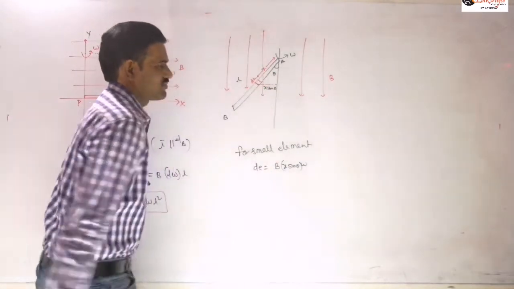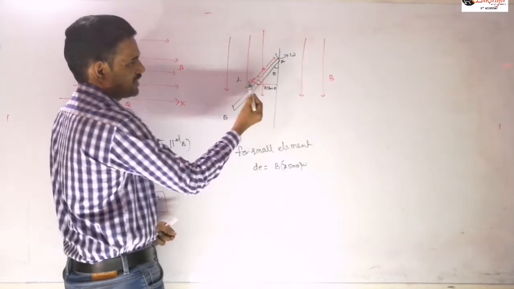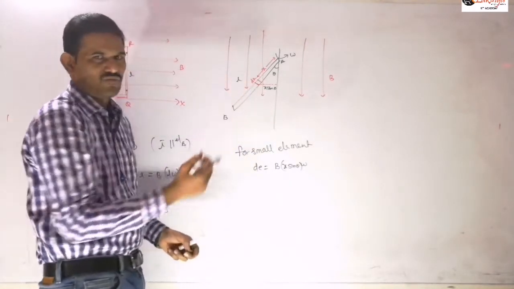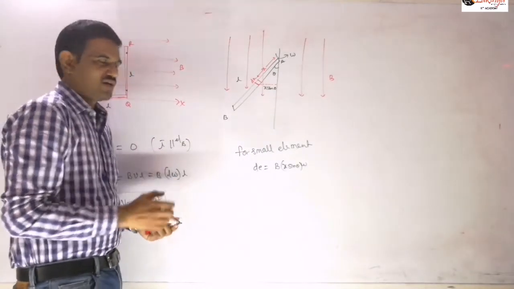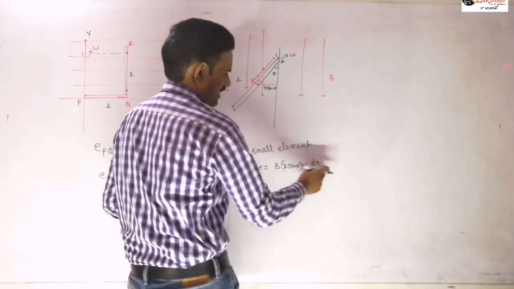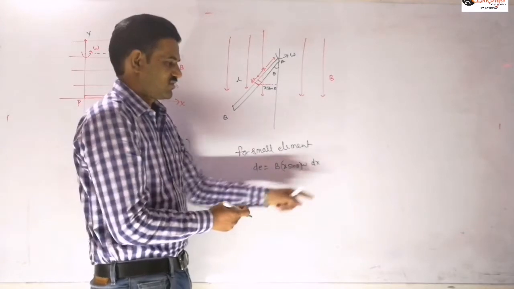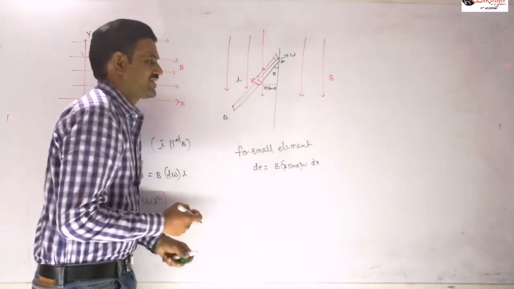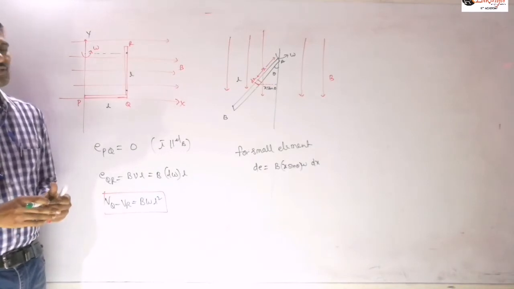This distance will be x sine theta, so from the axis of rotation, this element is at x sine theta. So using the r omega formula, r is now x sine theta, so the velocity is x sine theta into omega, into dx. So B v l, where x sine theta into omega is our v value, into dx.